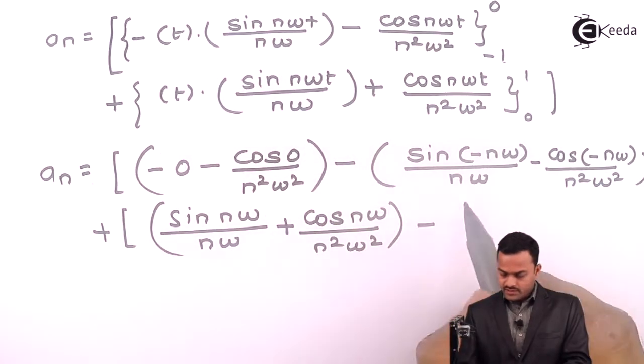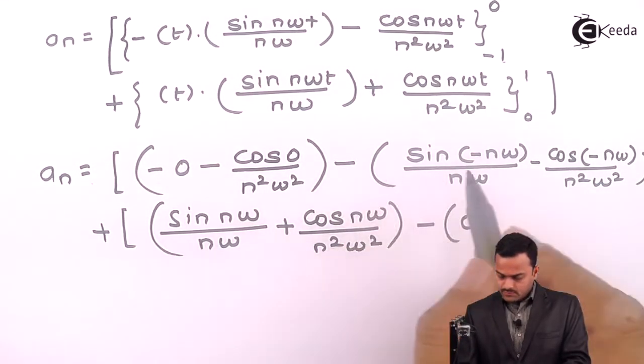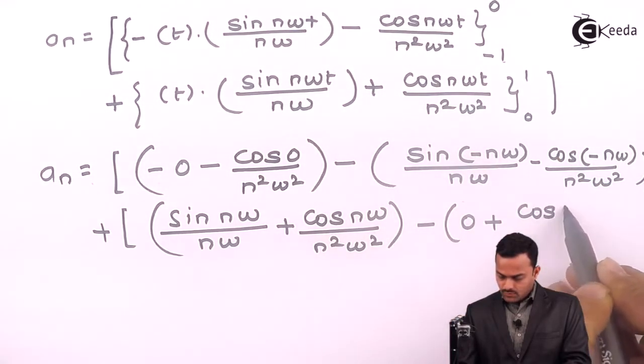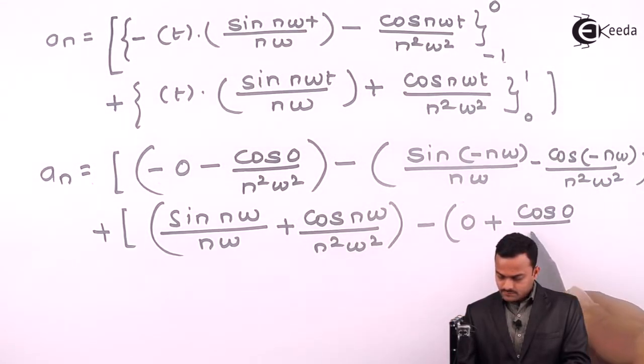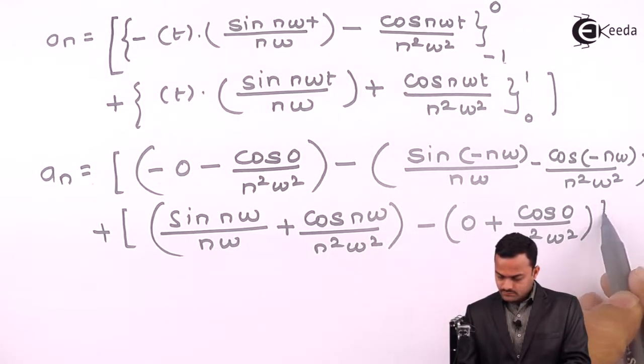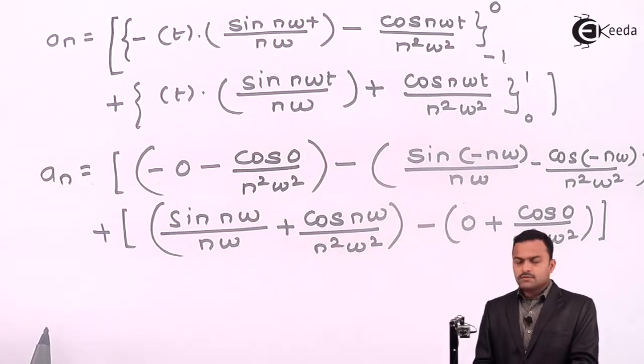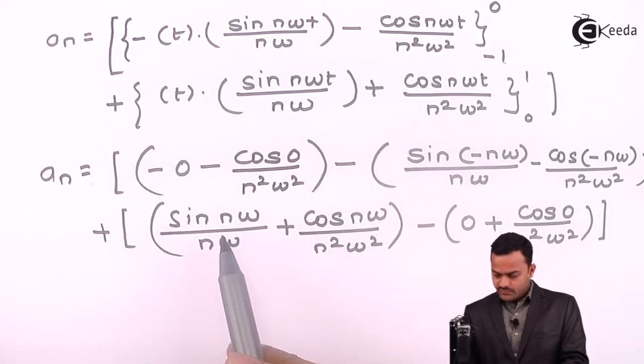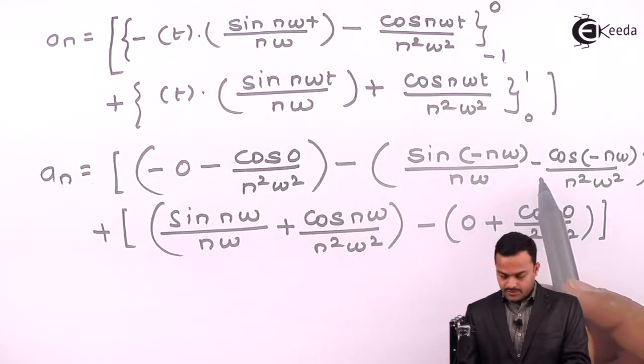If I put a 0 over here, it will be 0 plus cos 0 upon n square omega square. So in the end we will get an expression like this, which we need to simplify further.